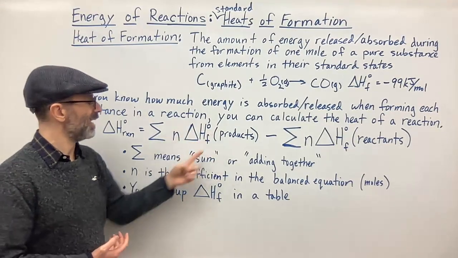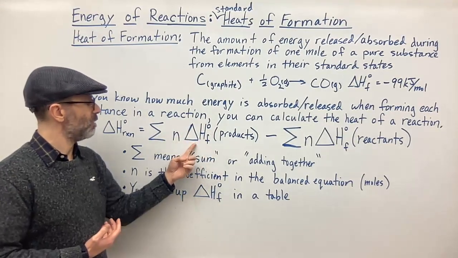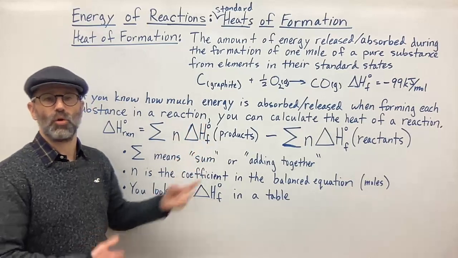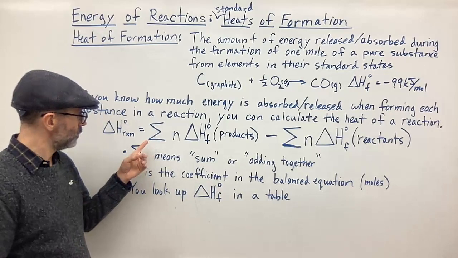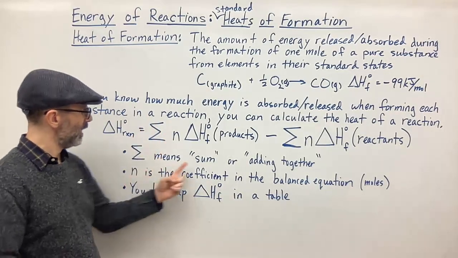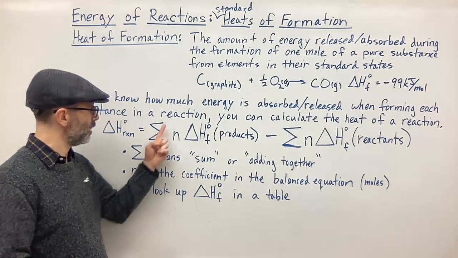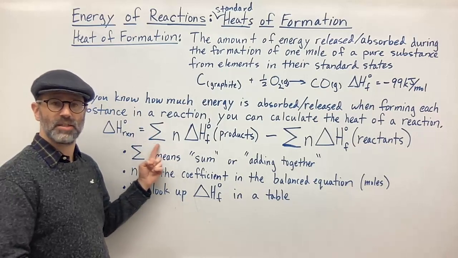You're not going to memorize these. They would have to be given to you, or you look them up in a table and you use them. The sum means this is a sigma. This is a capital Greek symbol sigma.